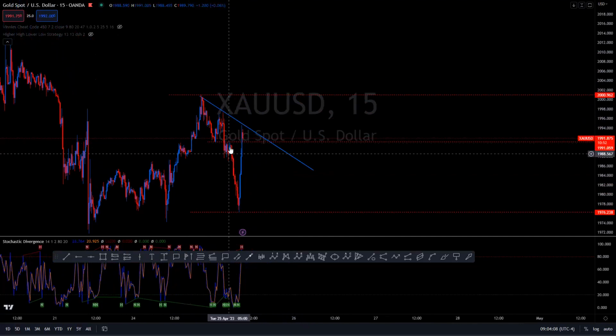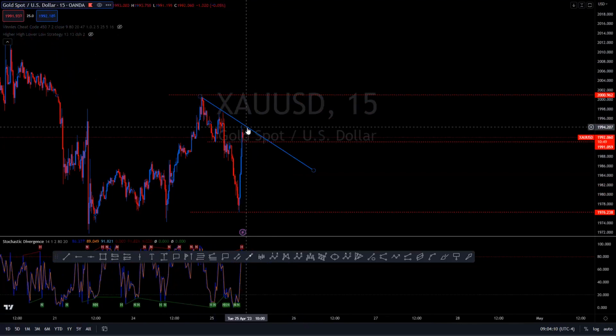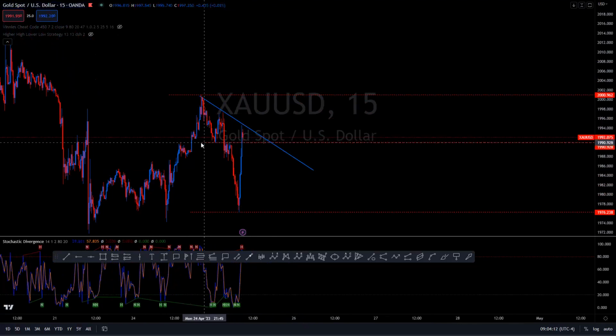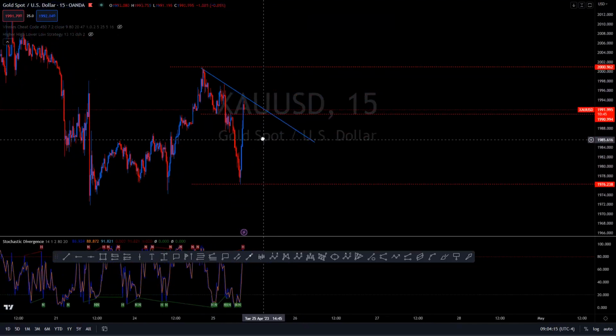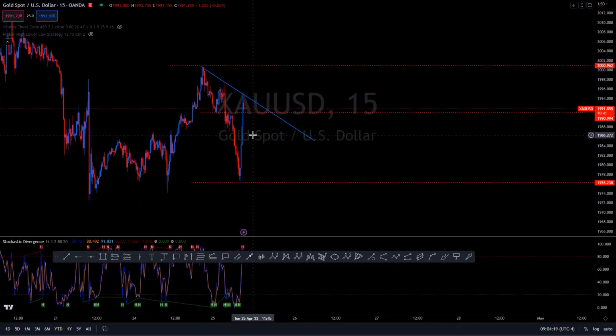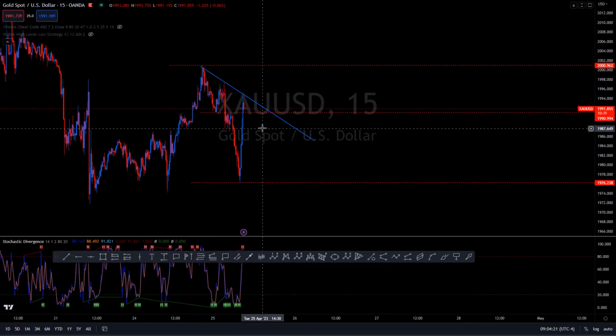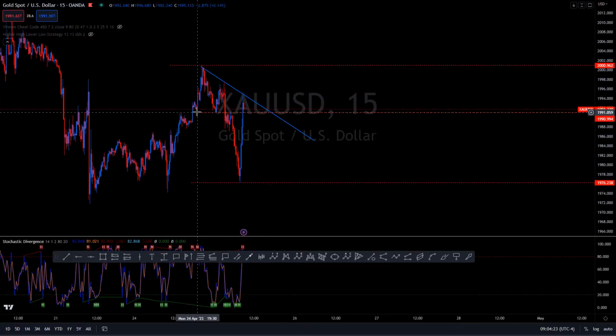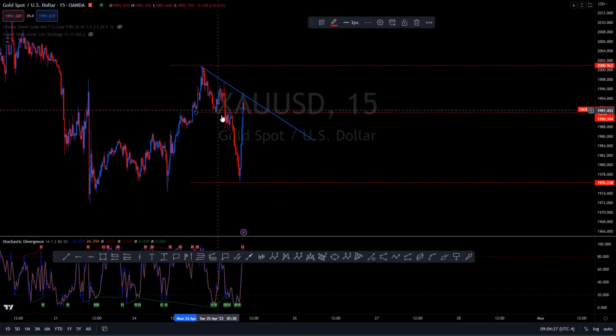You can see the price pulled back and created a high, and it broke that. So we're going to label this. Matter of fact, we still say this is the broken structure.